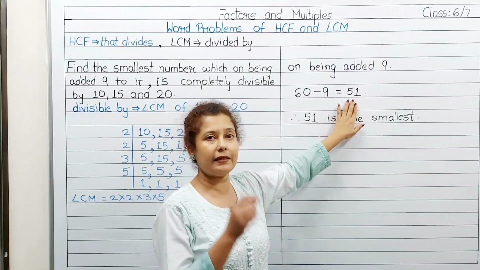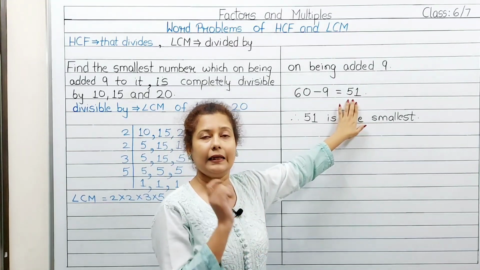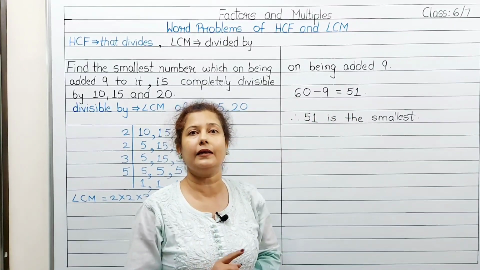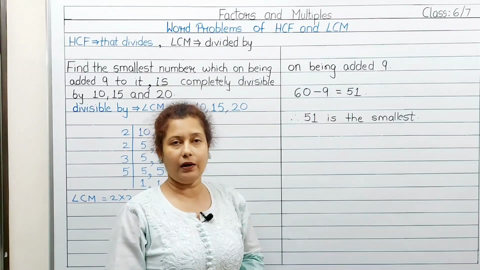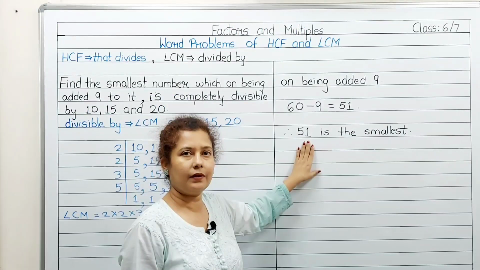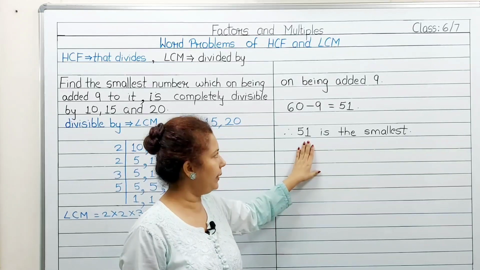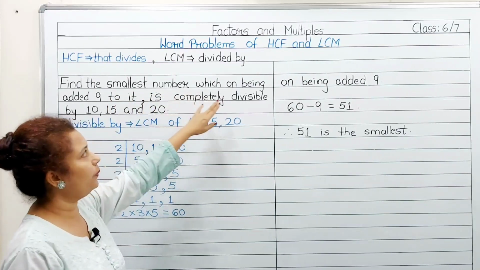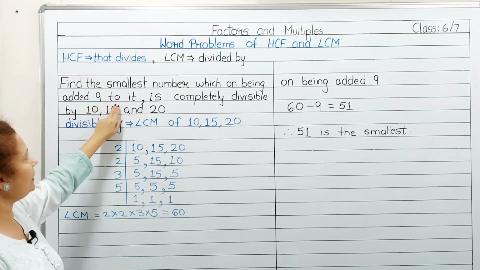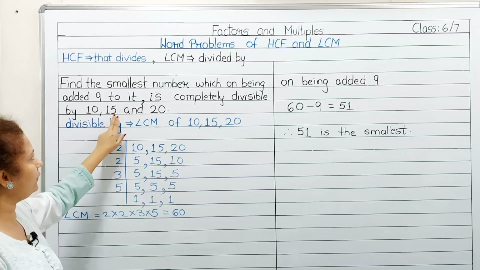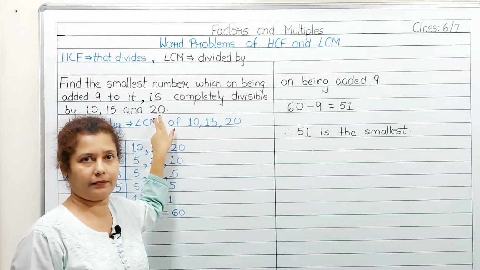So when we add 9 to this 51, then only we will get 60 and that will be divisible by all the given numbers, that is 10, 15 and 20. So the final statement will be 51 is the smallest number which on being added 9 to it is completely divisible by 10, 15 and 20.